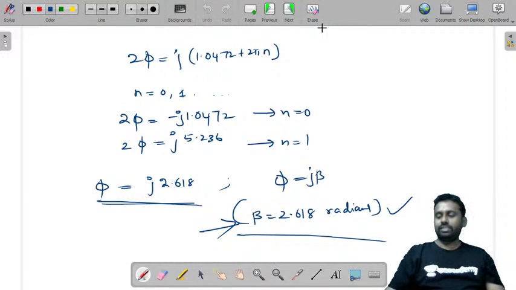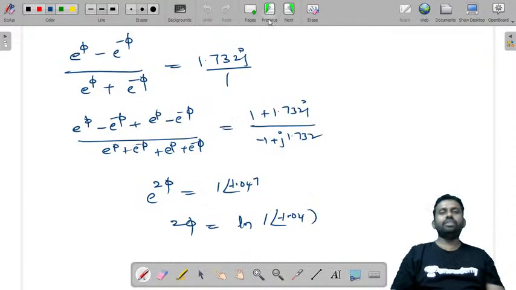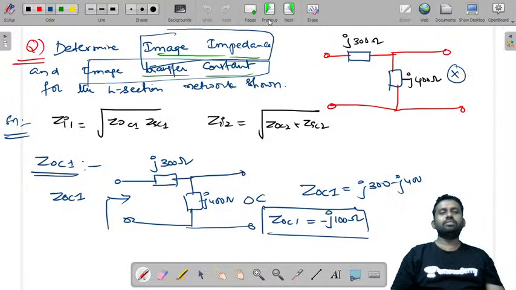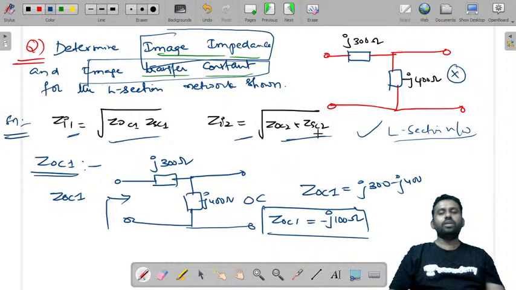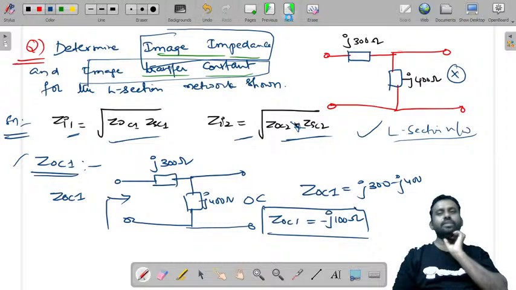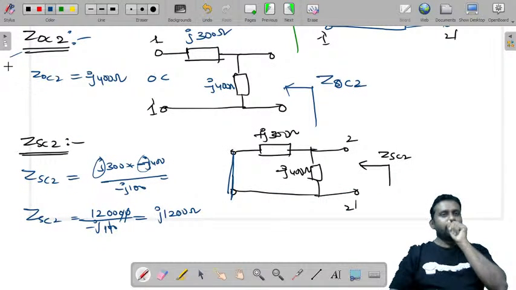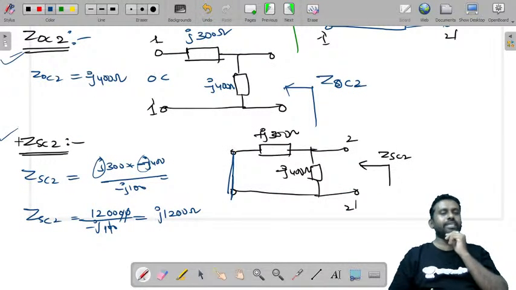So once again, let's see what we have done. We were given a question like this. This is an L section network that is given to us. We have considered Zi1 is equal to root of ZOC1 into ZSC1 and Zi2 is equal to root of ZOC2 into ZSC2, and we try to find ZOC1, ZOC2, ZSC1 and ZSC2, right?